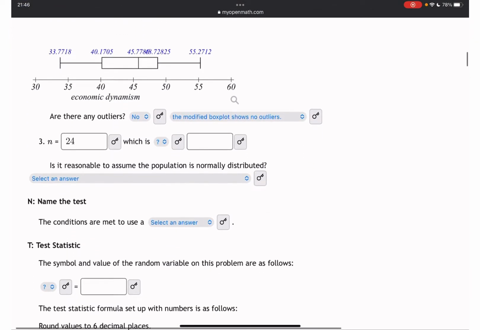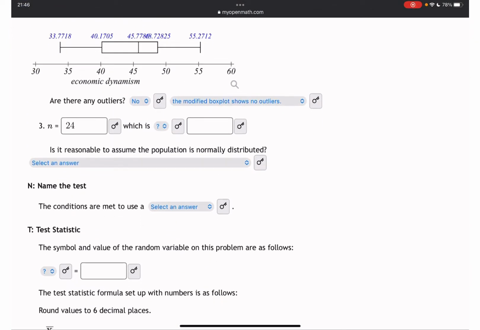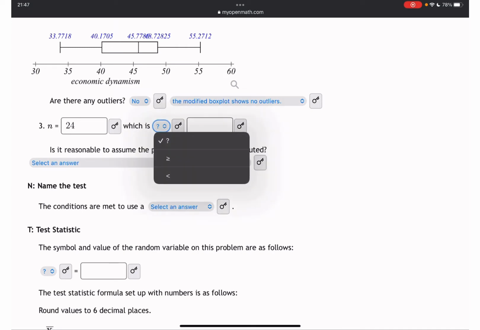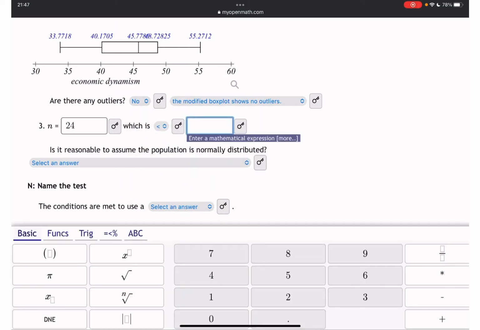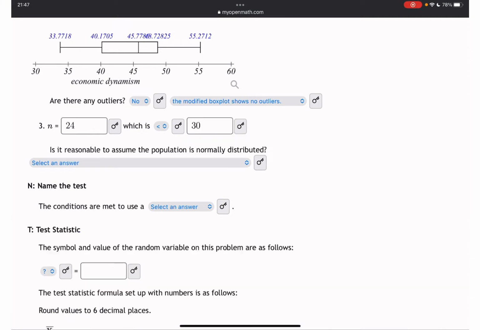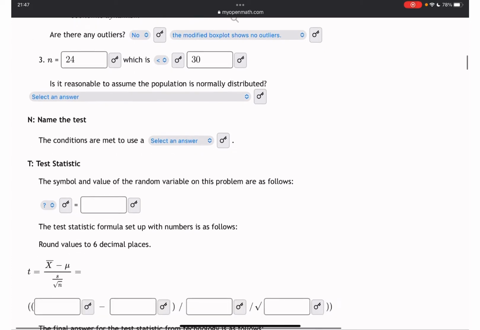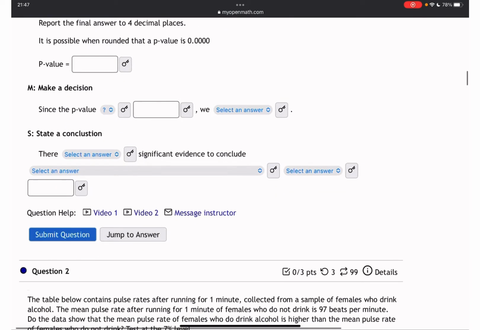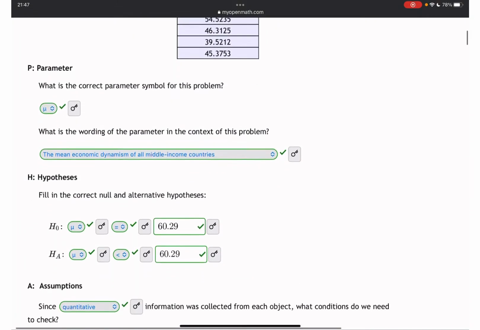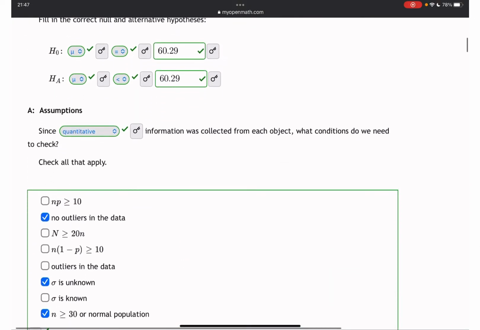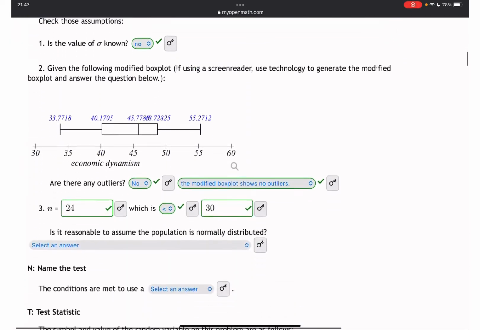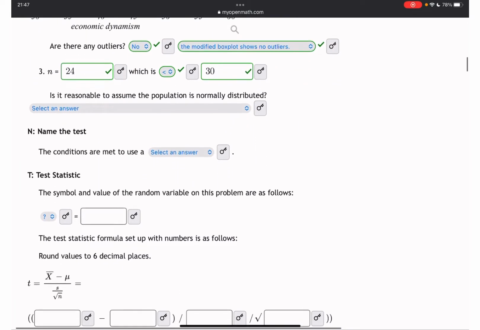But we have 24, which is less than 30. Okay, let's check. For now, we answered quite a few questions. This is correct, this is correct. Everything here is correct. Okay, good job.